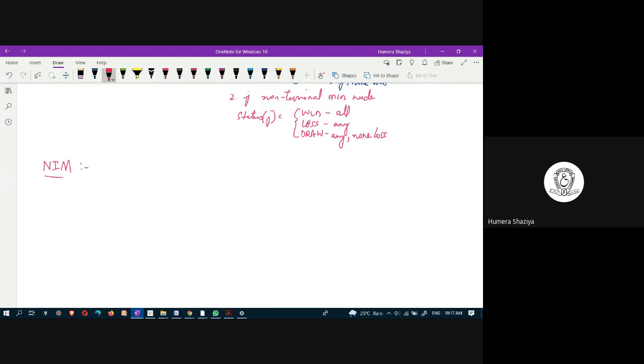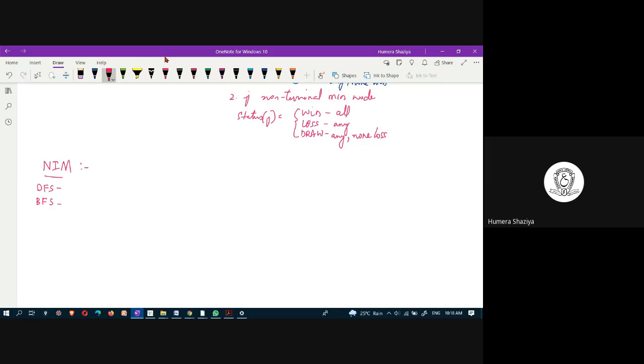Here, which tree is suitable for gaming? DFS or BFS? This is a question to all the students. Anyone could answer. Which tree is suitable for games? Not only NIM, for any kind of game, DFS or BFS.